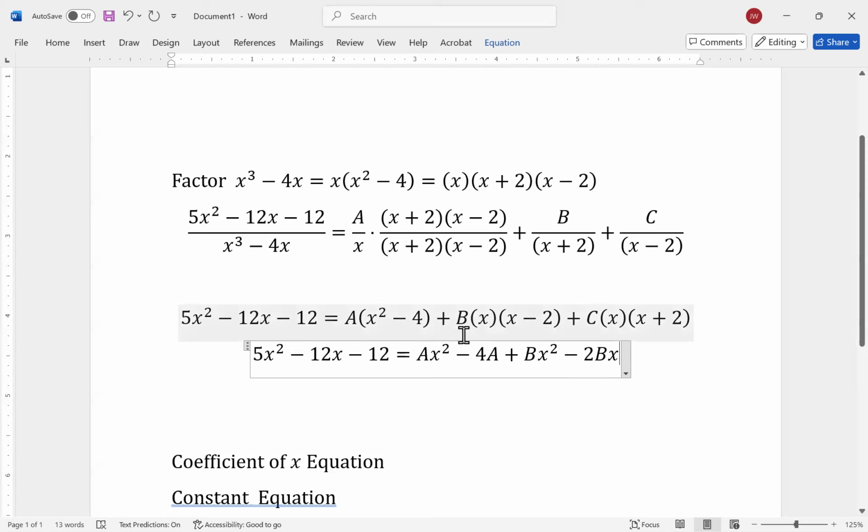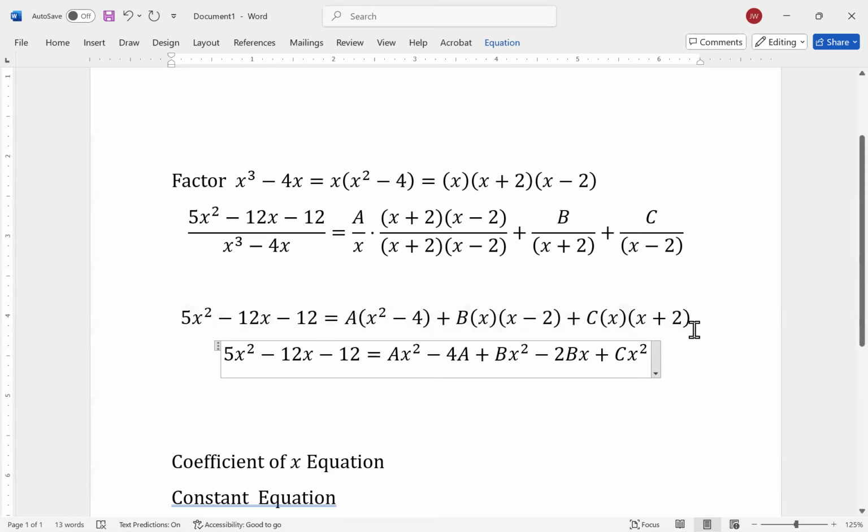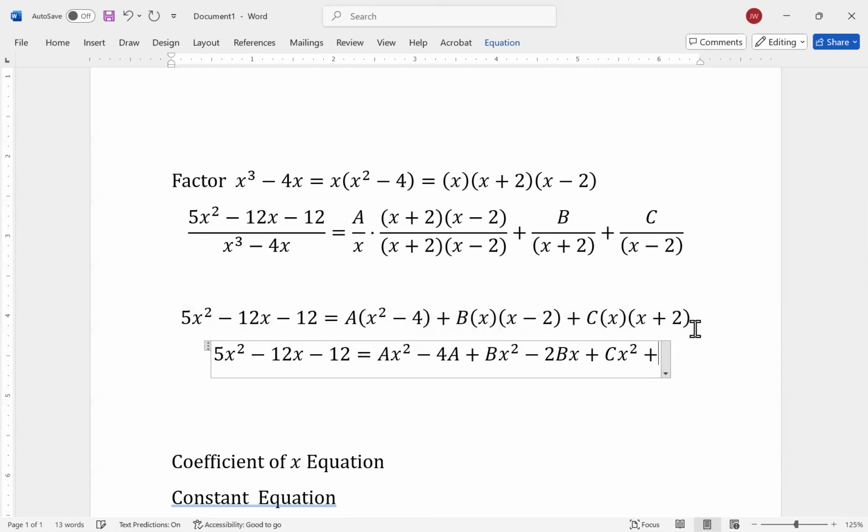That's if I distribute. Bx times x is Bx squared. Bx times negative 2 is negative 2Bx. Cx times x is Cx squared. Cx times 2 is a plus 2Cx.